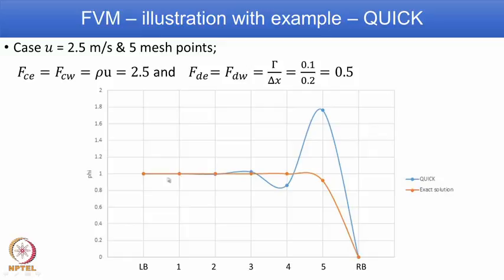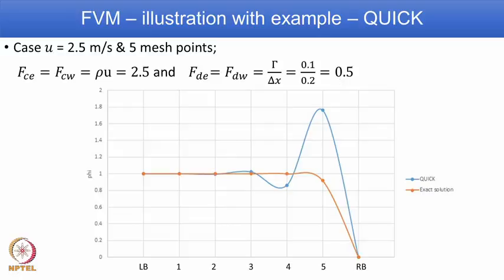The red color one is the exact solution, whereas the QUICK scheme starts showing wiggle from node 3, node 4, node 5 and then there is a right boundary. This is because you are having 5 mesh points and delta x is 0.2, and you compare convection is 2.5 and diffusion is 0.5, and performance of QUICK scheme is poor.